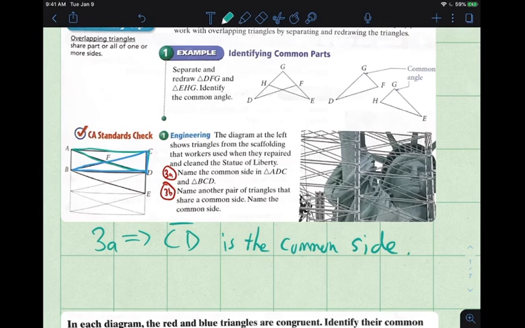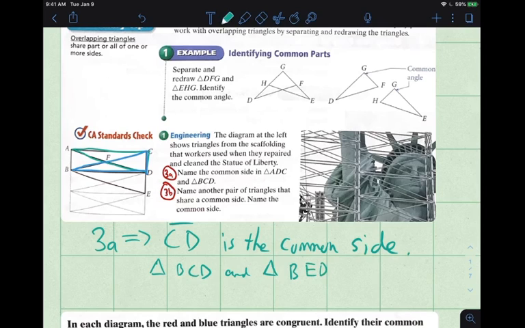For 3B, name another pair of triangles that share a common side. Name the common side. Cool. So I'm going to try to do triangle BCD and triangle BDE. BED. I'm working on the order, so these two letters should be switched. Those parts don't correspond.